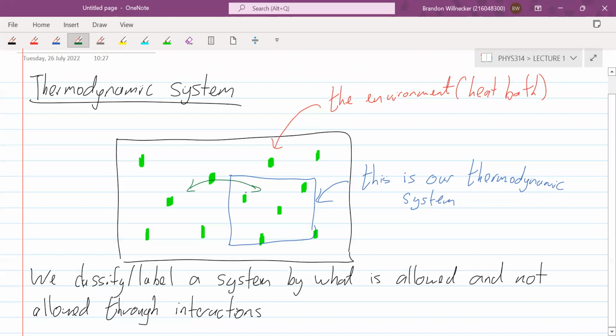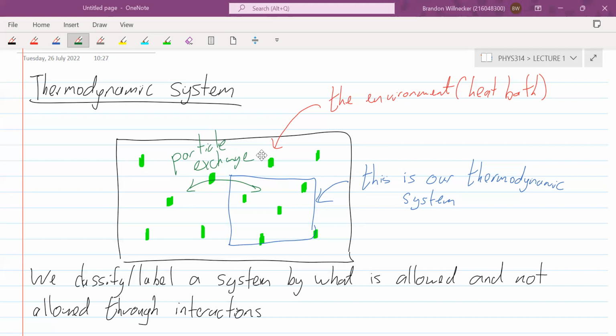The first way is through particle exchange. We've got our system, we've got the environment, and maybe particles are being exchanged between the two. For example, if this was a room full of gas and we've got a little meter cubed box inside the room, and we call that our thermodynamic system, there's nothing stopping gas particles moving into our box and moving out, because it's just an imaginary box that we're making.